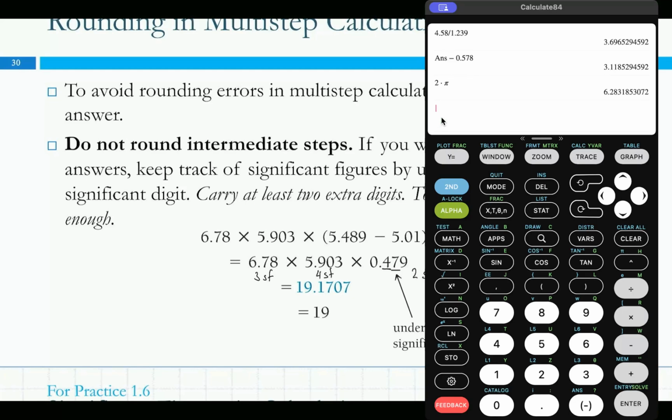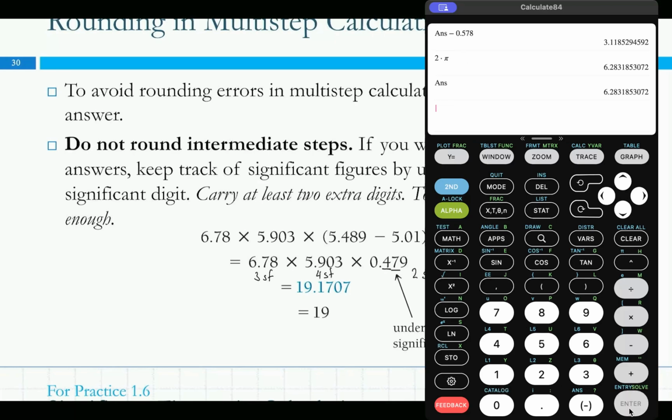So if I do 2 times pi, because pi is unlimited digits, it gives me this really long number. But let's say I only need to keep 3 of those. You don't need to write this whole thing down. Most calculators, if not all scientific calculators, will have some option like this, where you can do second, and then answer. So if I do second, and then A and S, it's over here above the minus, that will just grab the previous answer. So you can use that to just keep all the digits in there.